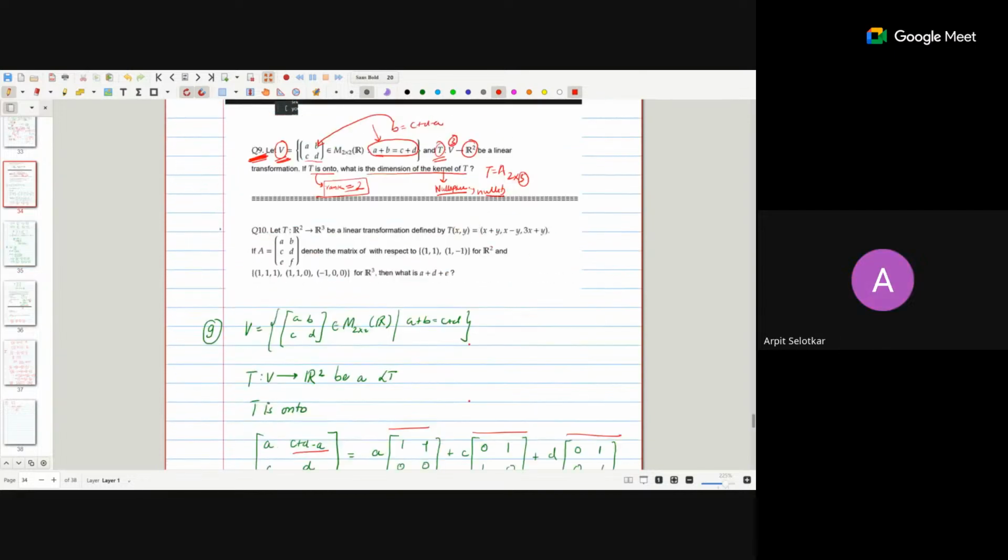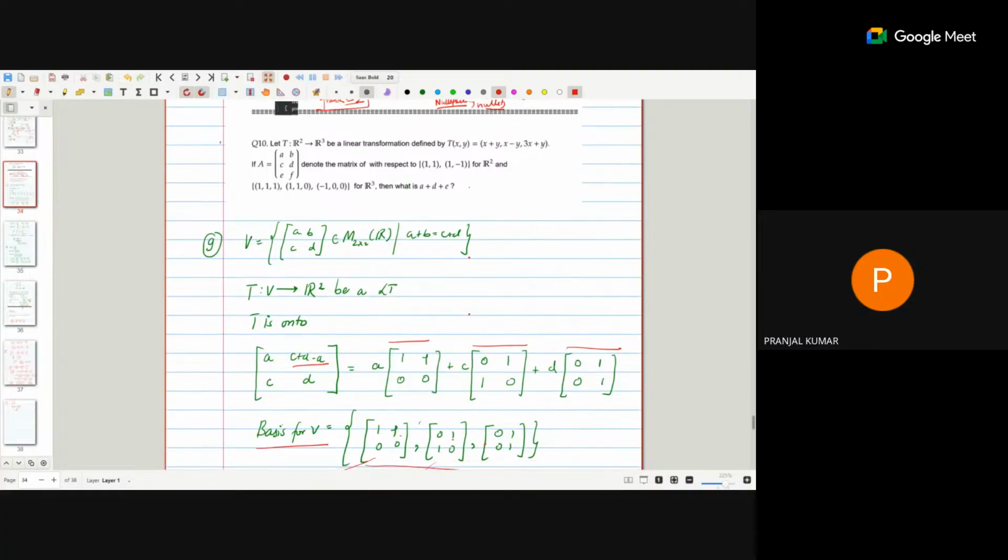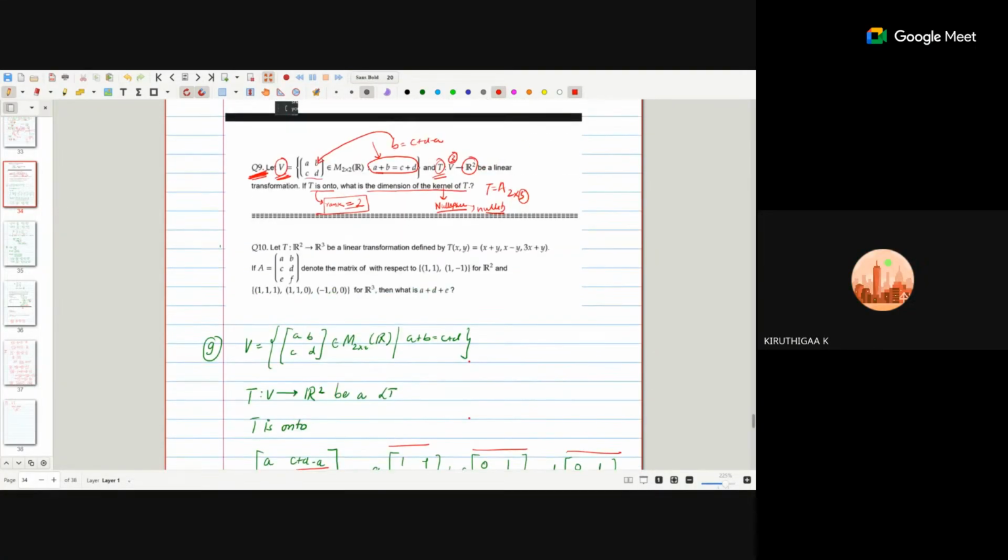Sorry. Instead of kernel of T, they ask image of T. See, image of T is nothing but the column space. So basically, if they had asked you the dimension of the image of T, it would be 2, which is the rank.